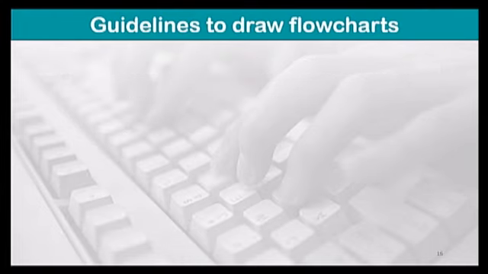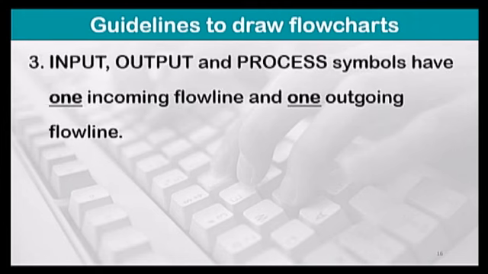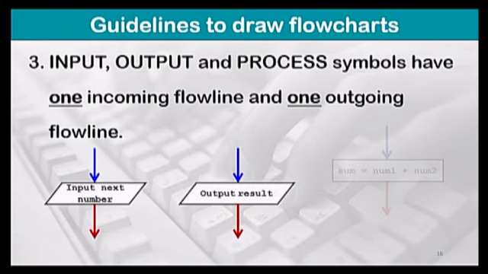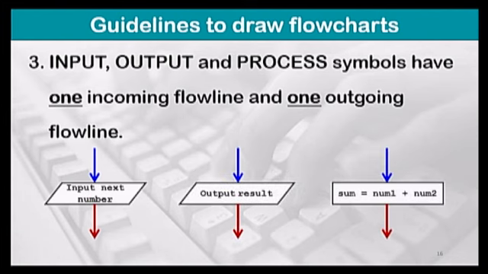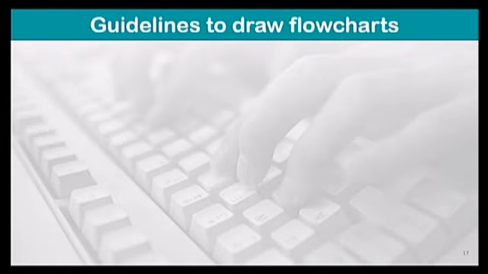The next guideline is about flow lines. Input, output and process symbols have one incoming flow line and one outgoing flow line. The flow line rule for decision boxes is different.